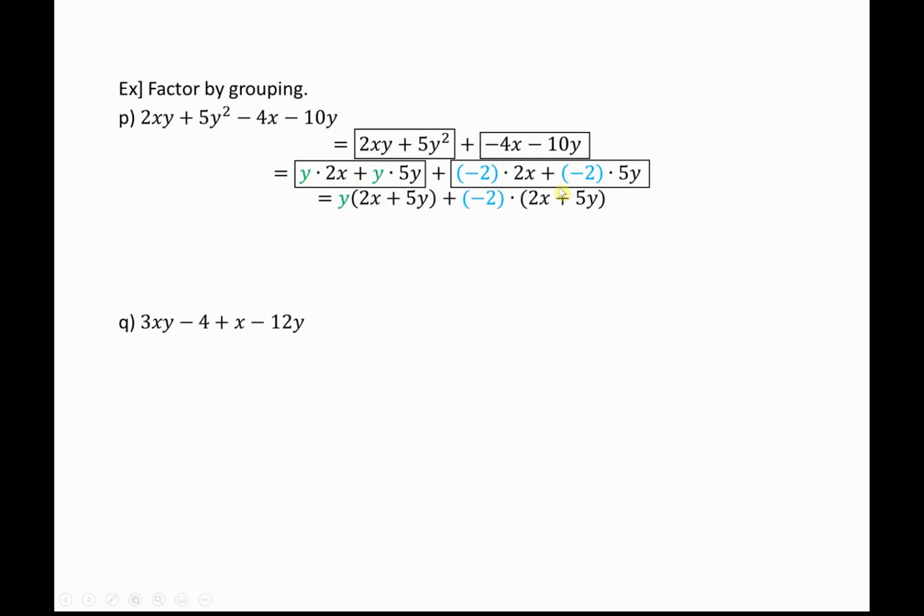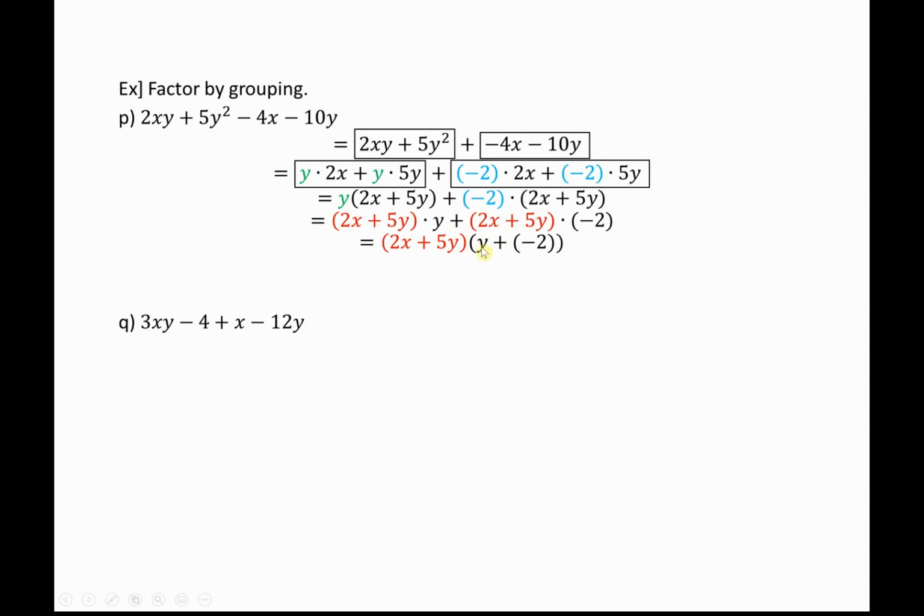Pull them out in front, and awesomely, we have a matching binomial factor of 2x plus 5y. Pull that out in front, and go ahead and write the remaining items inside of some groupings.